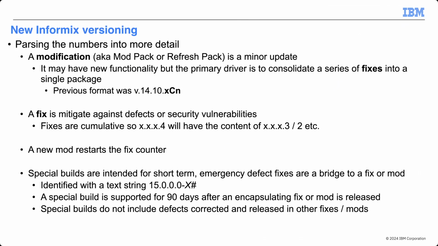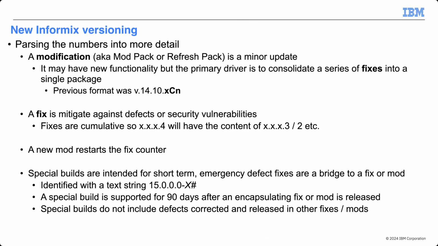A fixed pack is obviously bugs and other things that we have found along the way, and they are either specific releases for a particular bug. But here's the interesting piece. It's also an integration of all the special builds that precede it.